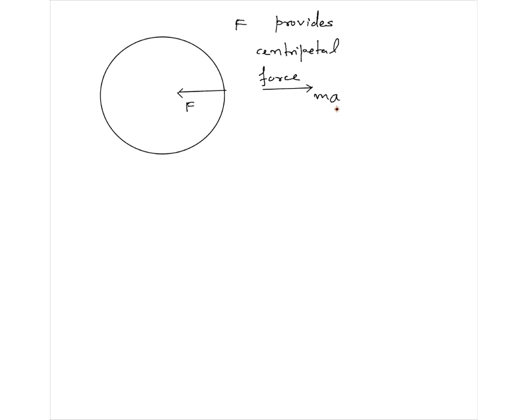But note that ma is due to the observer. ma is not a force which has some origin like electromagnetic or gravitational, and somebody who is in an inertial frame will not say that there is anything like that.